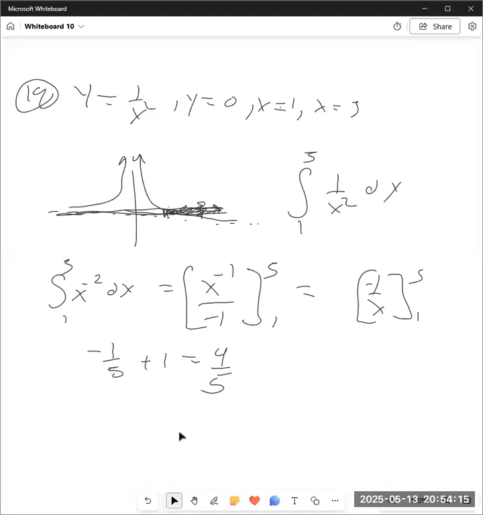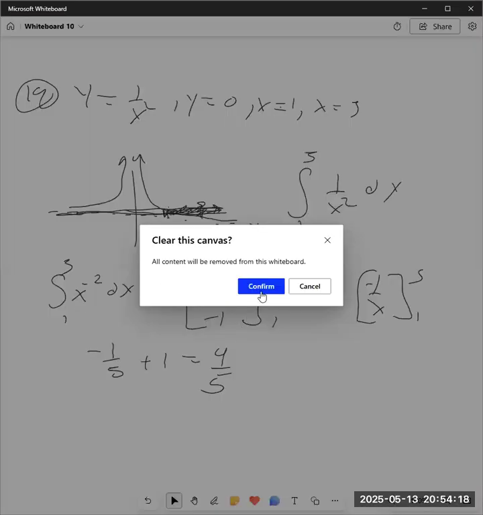Now number 23. It says f of x is equal to x cubed plus 4x squared, and g of x is equal to x plus 4. This one's a little more challenging because our polynomial is of higher degree, and so we have more possible points of intersection here. Let's go ahead and see what's going on.